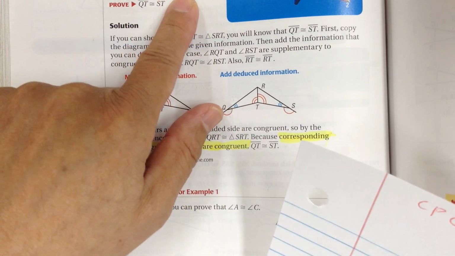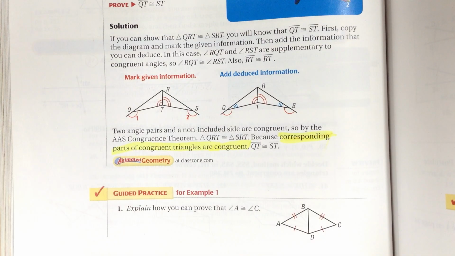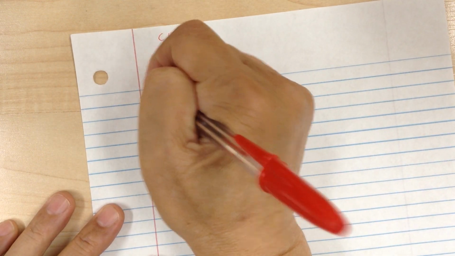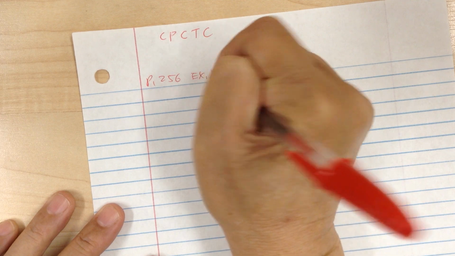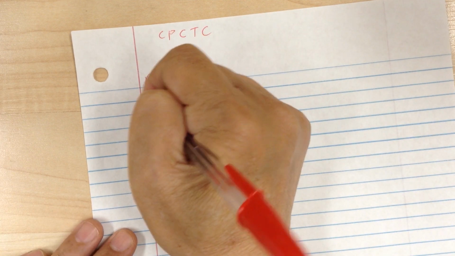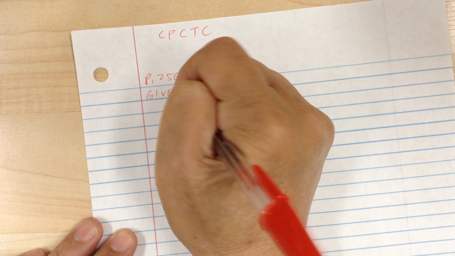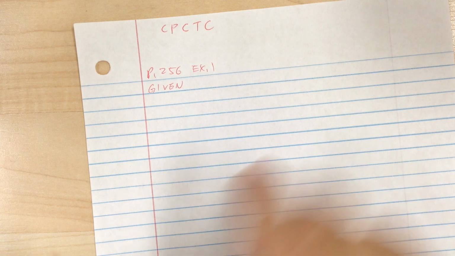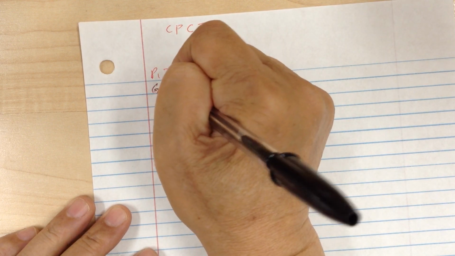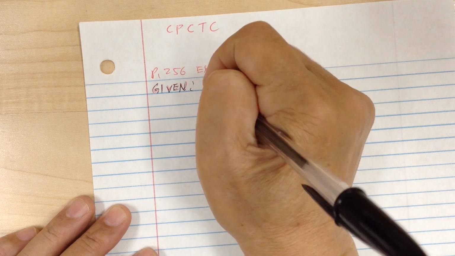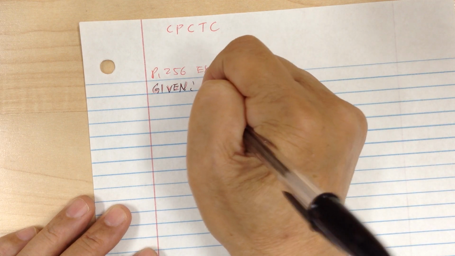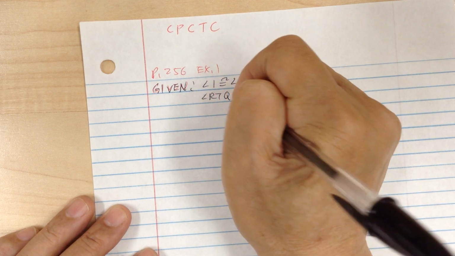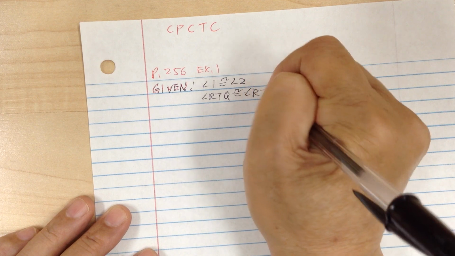So let's go over example 1. Page 256, example 1. So you have the given. I'm just going to use a black pencil. So the given is angle 1 is congruent to angle 2, and angle RTQ is congruent to angle RTS.